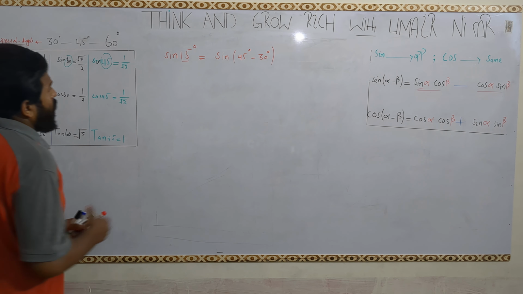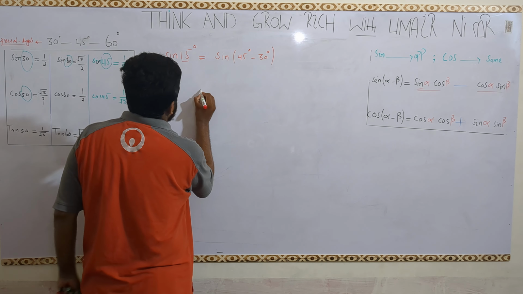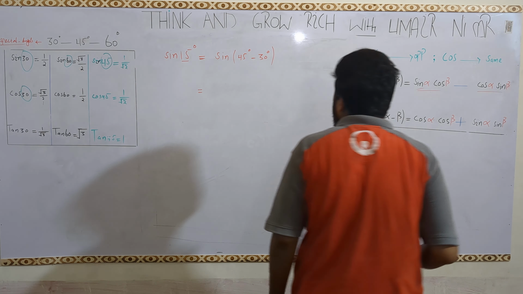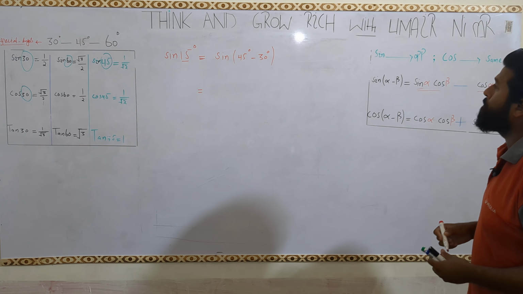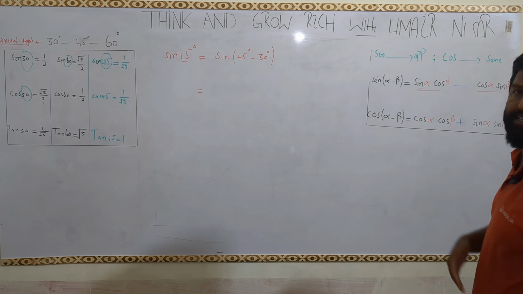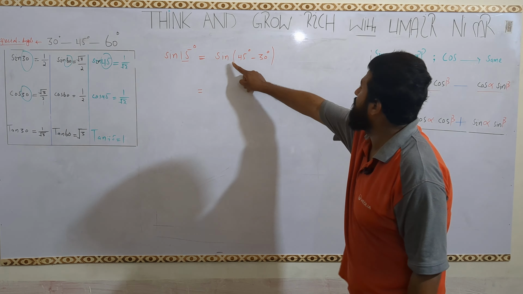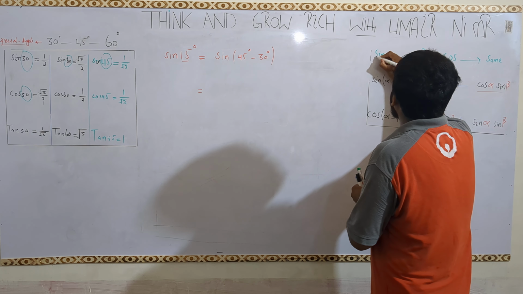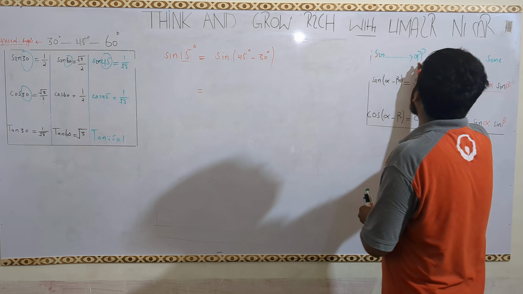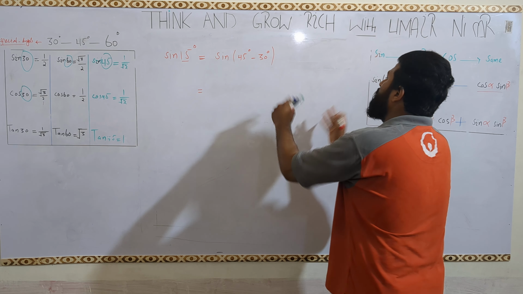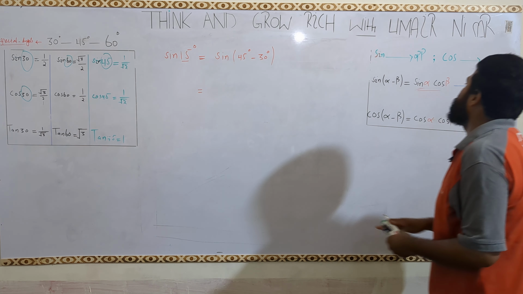So open this formula. Dear students, remembering and opening the formula is very important in mathematics. Let us have a look. This is sine, and what does sine say? If there is a sine function, then when opening it, the opposite function will come.